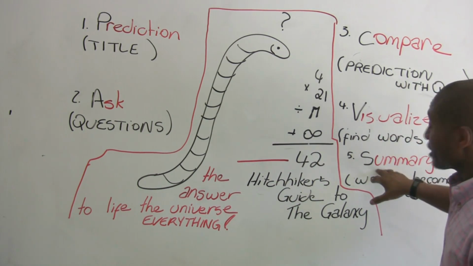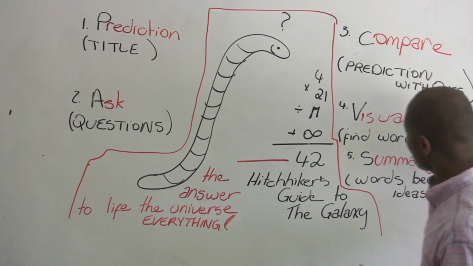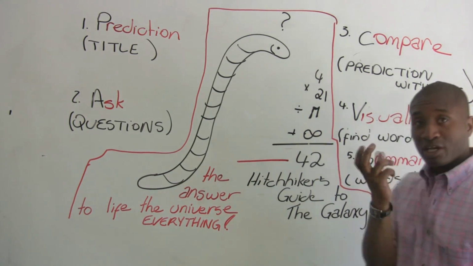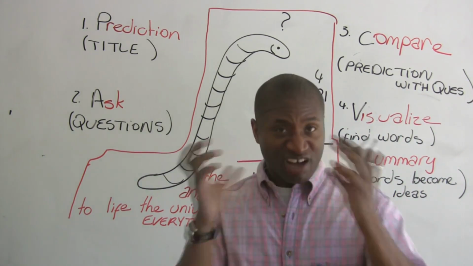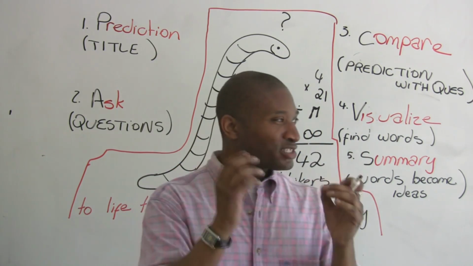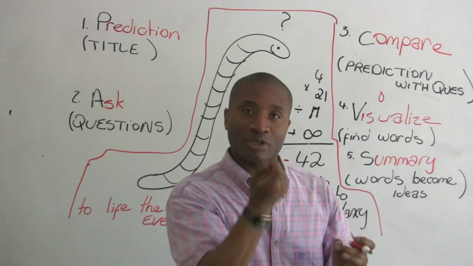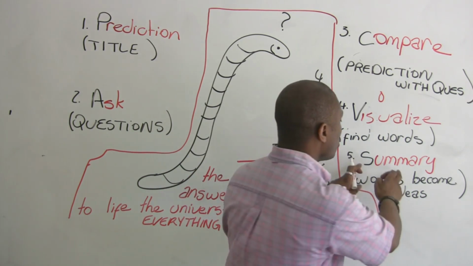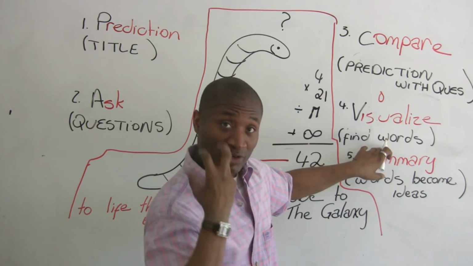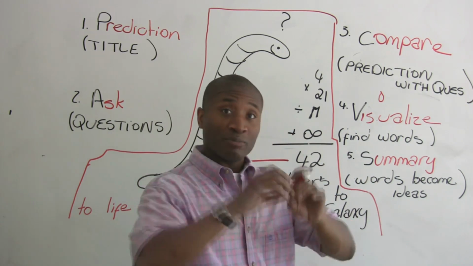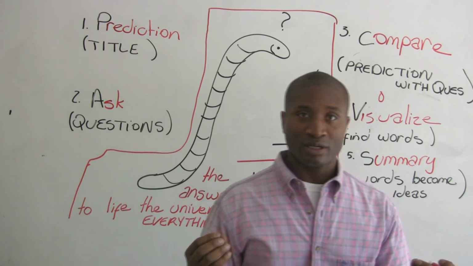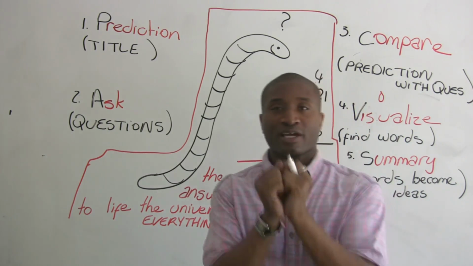Okay, so now we can actually do work in the summary. Because we have visualized, we can come up with a word to cover something, because we've got this picture in our head. Like if I say water, you get a drop. You go, okay, drop, drop. You can use that word. You can use in your summary the words that you get from the visualization to become key ideas, right? When you think about freedom, you might think something like chains.